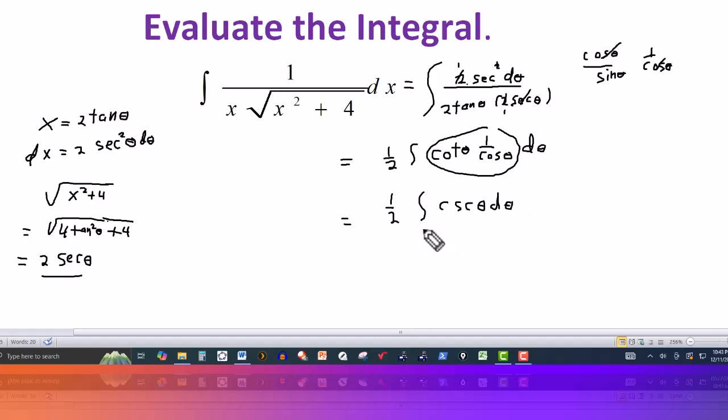And there is a formula for this integral that most instructors would expect you to know. There's also one for the secant. And I believe I could write both of these in another video. But here's what we have then. We got the 1/2 in front, that's constant. And the integral of cosecant of theta d theta is the natural log, and there's one where it's a minus here, minus the natural log of absolute value of cosecant of the angle plus cotangent of the angle.